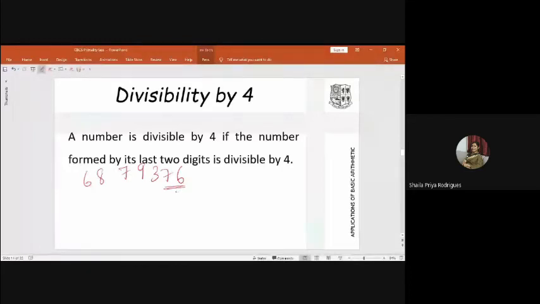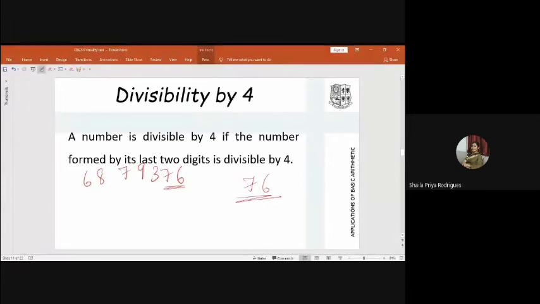Is 76 divisible by 4 here? Check if the two-digit number 76 is divisible by 4 or not. If 76 is divisible, then this entire number is divisible by 4. Check also by usual division if this number is actually divisible by 4 or not.